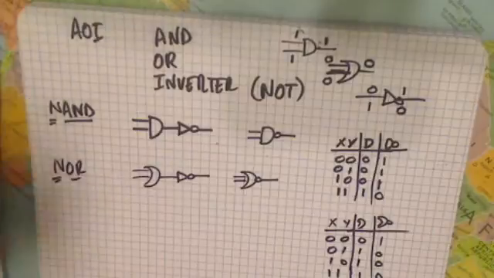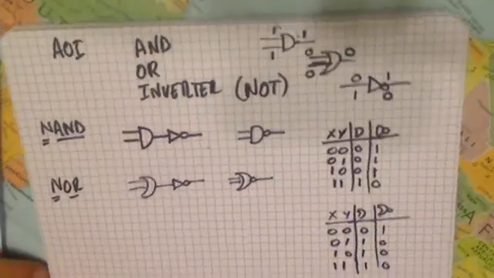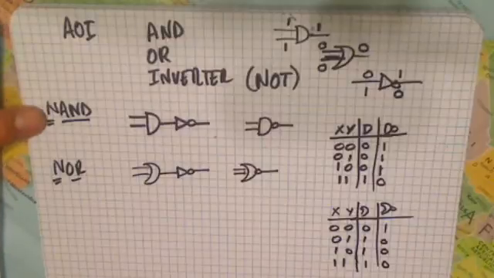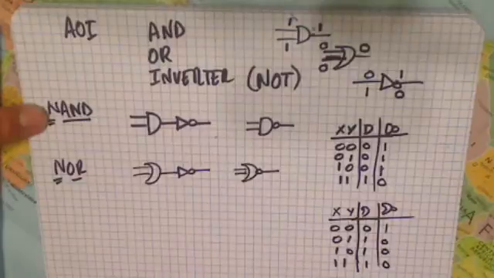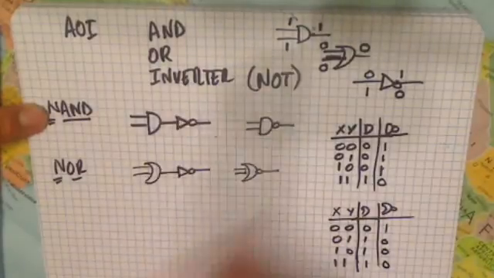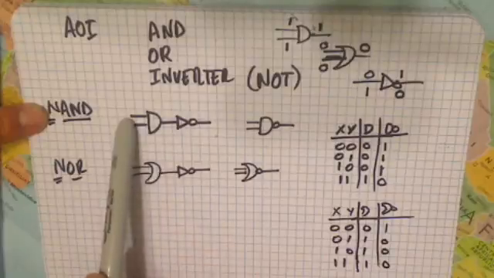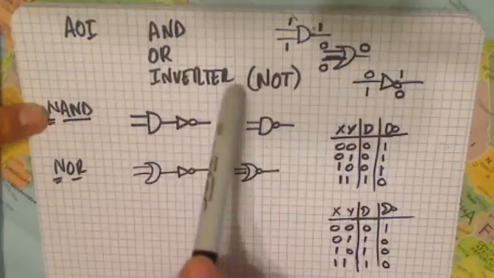So the focus of this lesson, however, is not to learn the truth tables, but to utilize NAND-only gates where there exist AND, OR, and inverters. So what we're going to do next is wire NAND gates in such a way that they will behave exactly like AND gates, OR gates, and inverters.